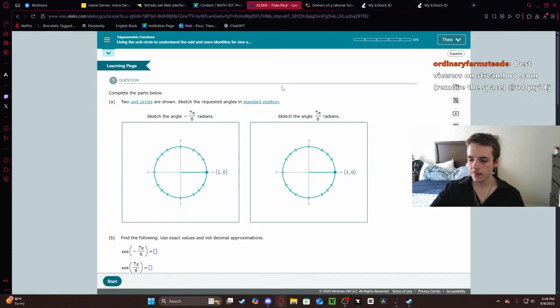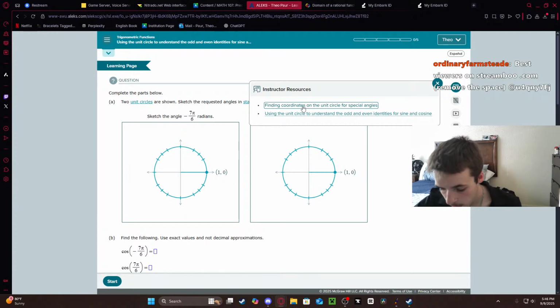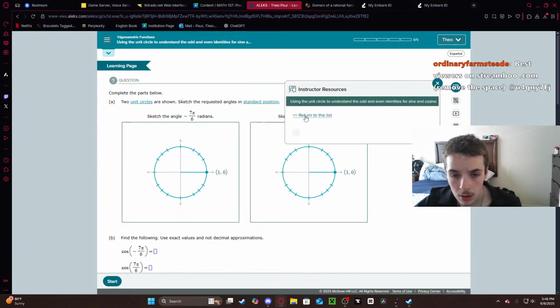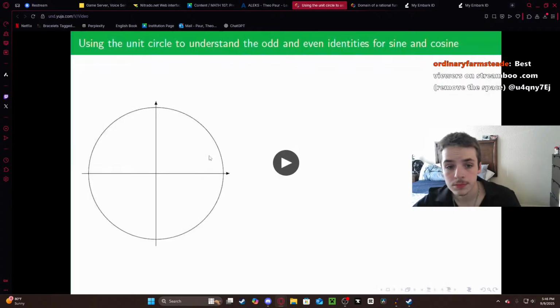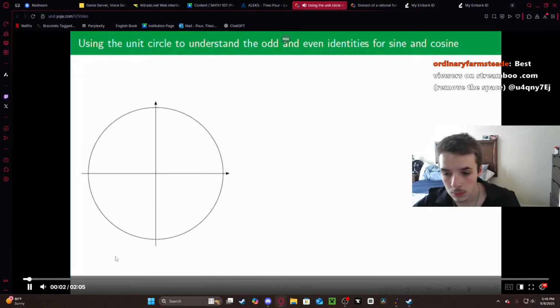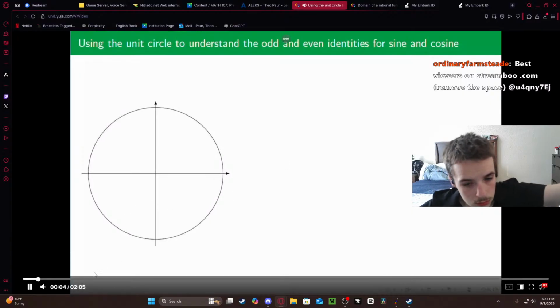And we have to view the instructor added resource. Which one? Probably this one, because that's the name of the unit. We'll use the unit circle to help us understand the odd and even identities for sine.